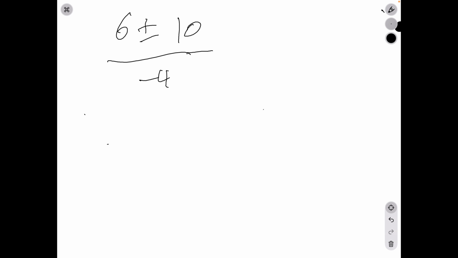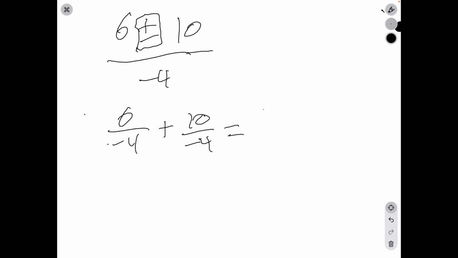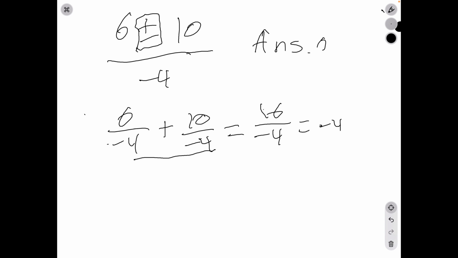So it will equal this. Now let's distribute the dividing by negative 4. First, let's do the adding, since this is a plus or minus sign. So 6 over negative 4 plus 10 over negative 4, since they're both the same denominators, we can just add, which will equal 16 over negative 4, which equals negative 4.